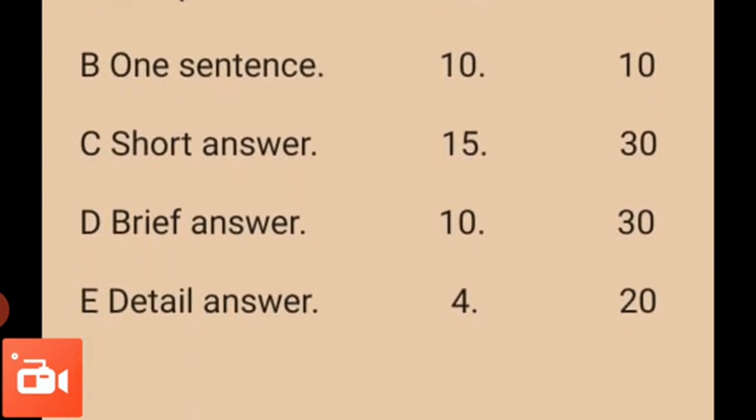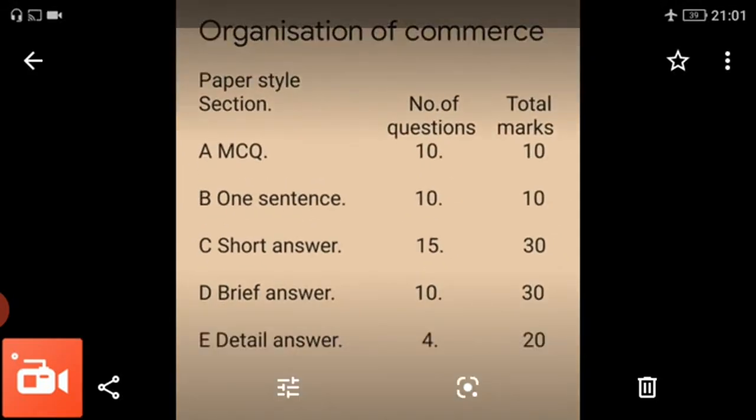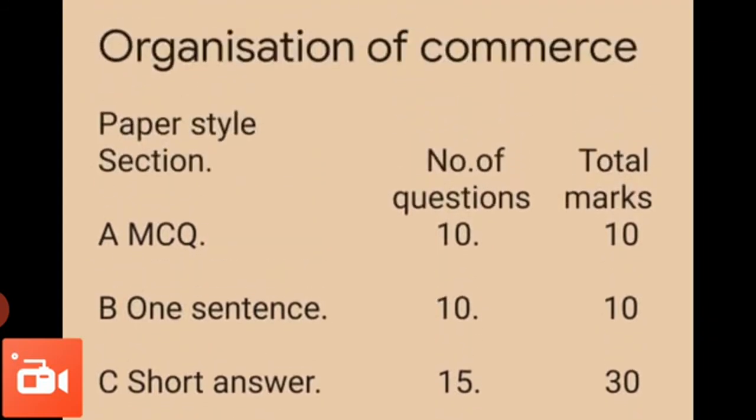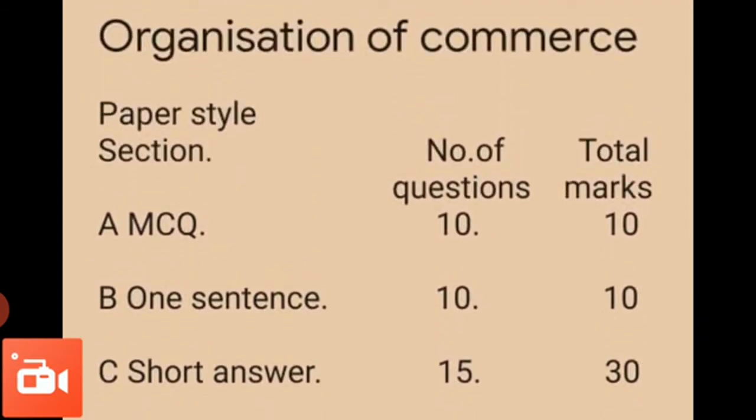Then answer in brief, total 10 questions, 3 marks per question, total 30. Then detailed question answers, total number of questions 4, and total marks 20. So total 100 marks: 10, 20, 30, 40, 50, 60, 70, 80, 90, 100. Okay, so here is your paper style. I wrote the subject name in short, Organization of Commerce only, because we can call it OC.